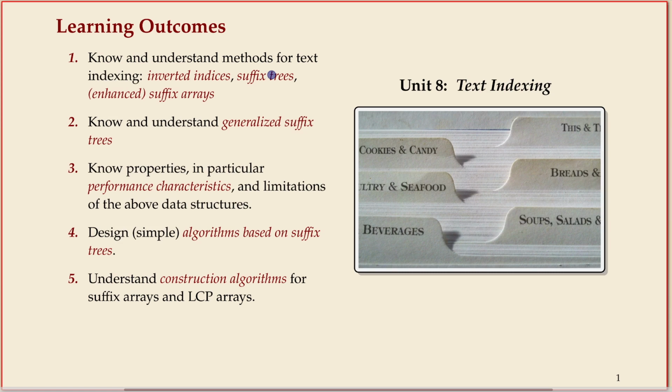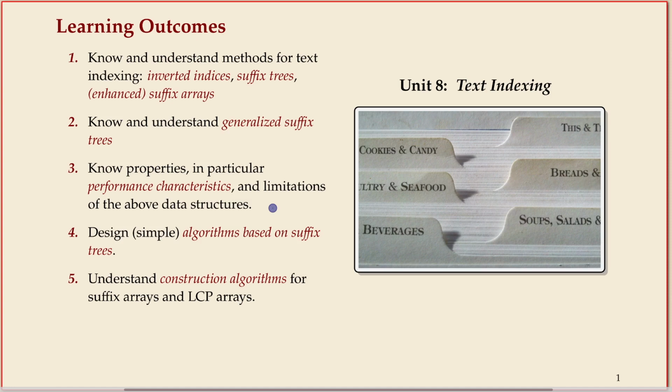The goal is for you to know some key methods for text indexing, and these are listed here. We'll cover them in detail. There's a specific data structure that is just useful to know, which is used inside of these in some sense. As always, I don't just want you to learn the algorithms by heart.